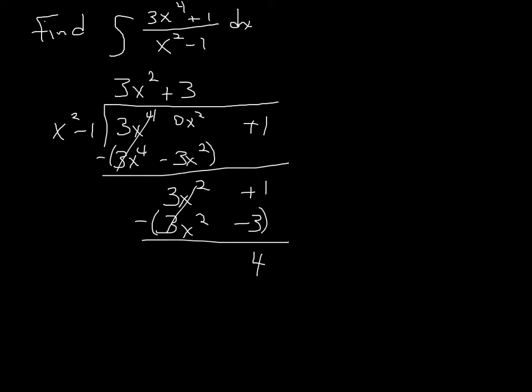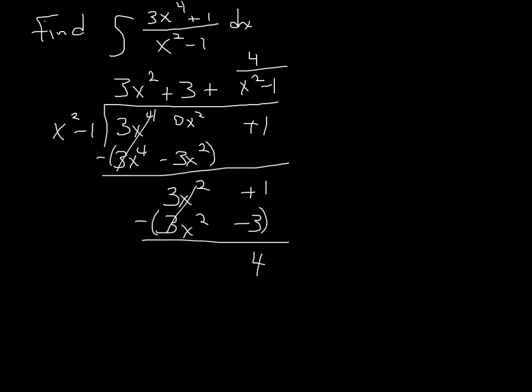Okay, so we write this as plus 4 over x squared minus 1. And now we have a fraction whose numerator is a degree less than the denominator. And so we can now do that with partial fractions.